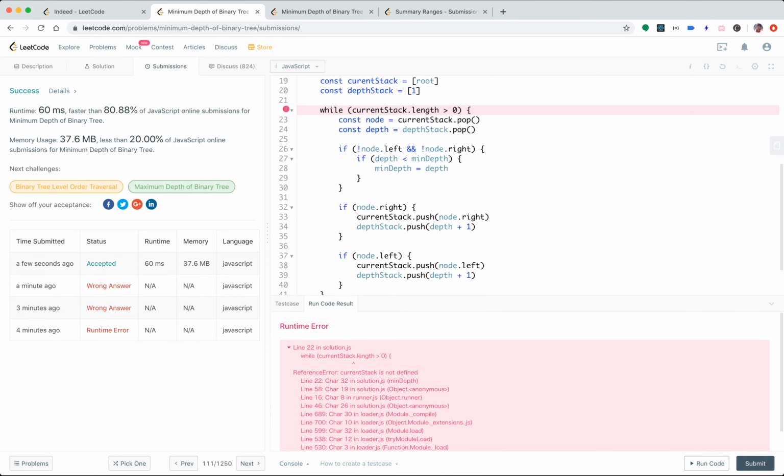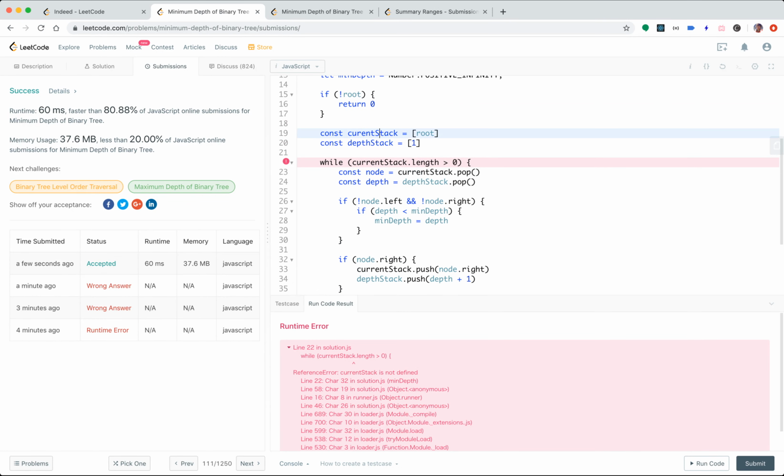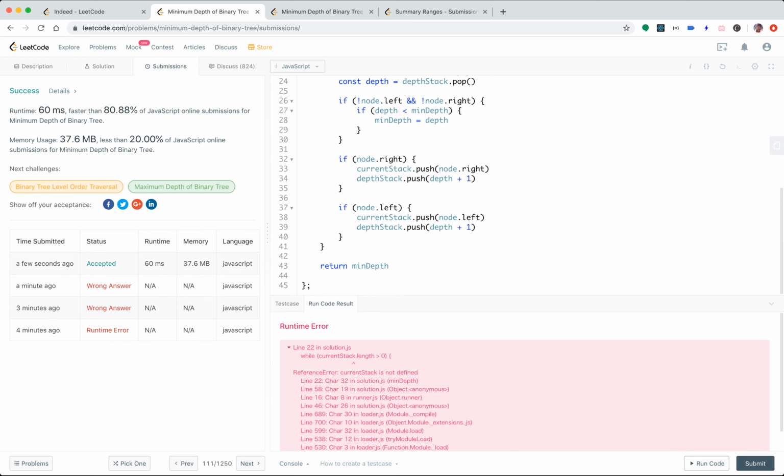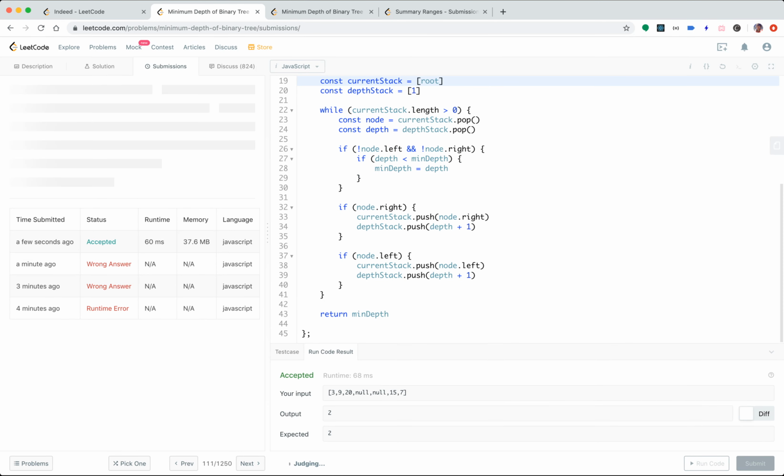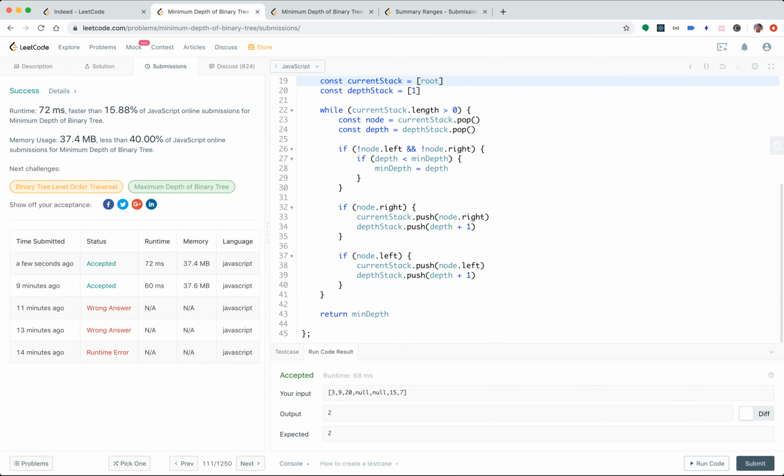Current stack's not defined. Let's submit. But actually it's not fast. I don't know why.